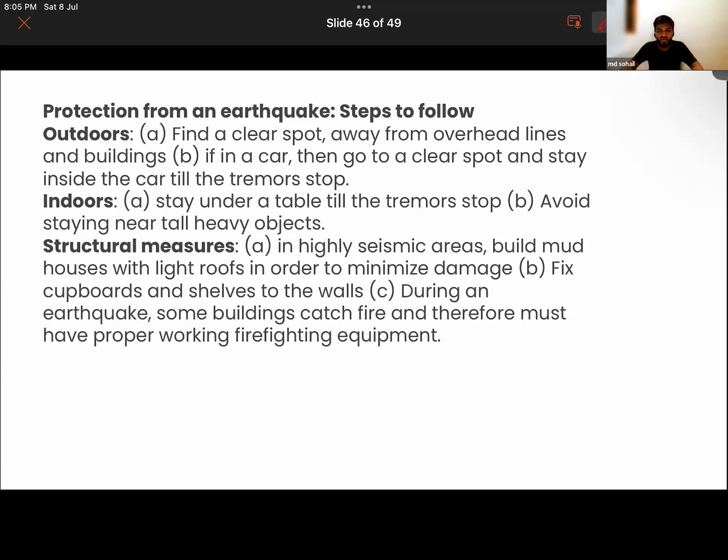There should be shock absorbers placed in the buildings, so that whenever there's an earthquake, especially when a person is living in a region which is prone to earthquakes, they should be using shock absorbers at the base of the building. So shock absorbers are like this.